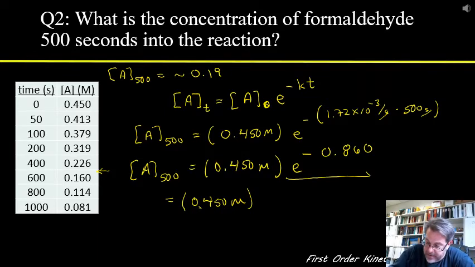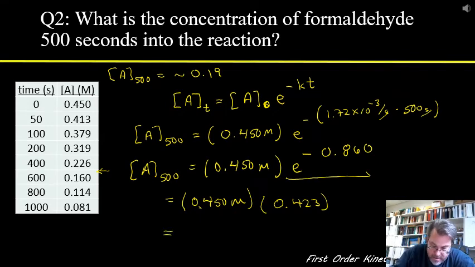E to the negative 0.86 is going to be 0.423, and multiply 0.45 molar with 0.423.